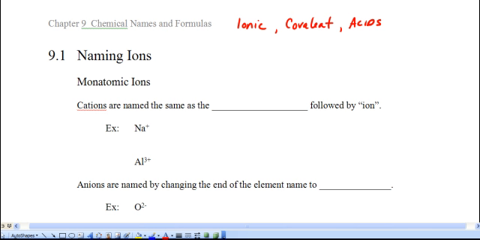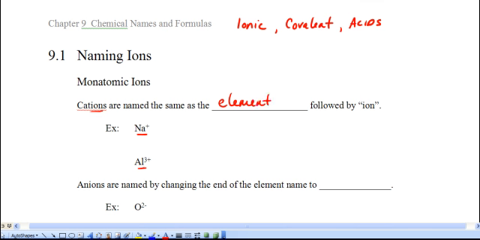Now, ions are charged particles. Just like you have down here, the sodium has a +1 charge, the aluminum has a +3 charge. In this case, both of these atoms have lost electrons and that gives them the overall positive charge. Positive ions are called cations. Cations are named the same as the element plus the word ion.